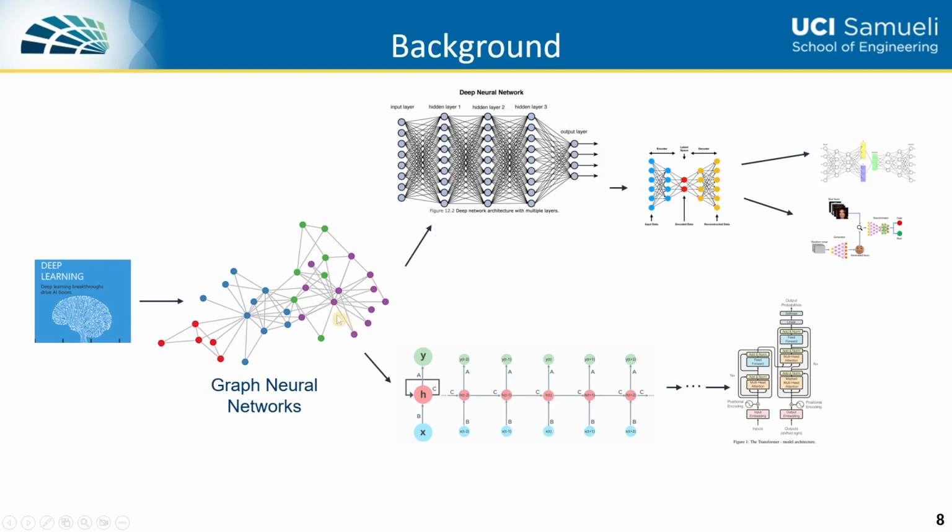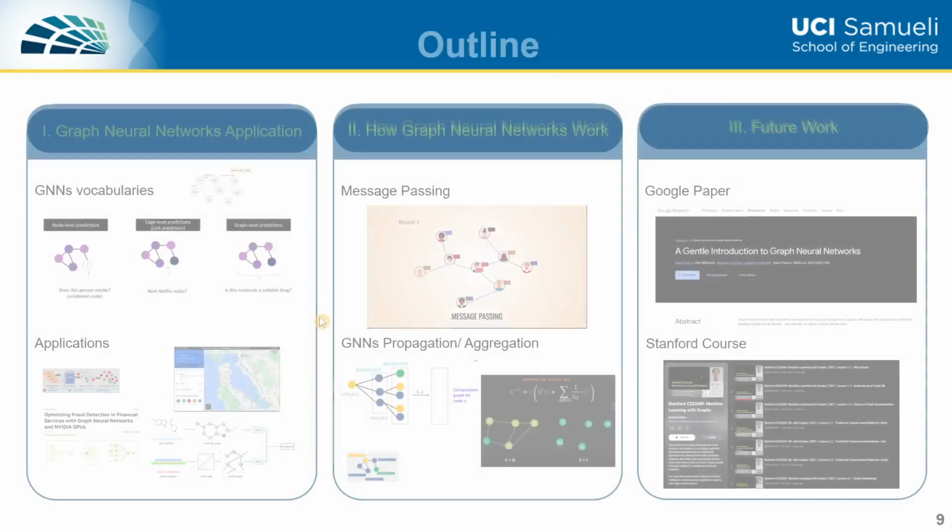Similarly, if you rearrange them into just a one-line graph, you get the recurrent neural network. So deep neural networks are just a special type of graph neural networks, to my understanding. Today we're looking at graph neural networks, and it's not just this special case. We're learning more of the general case. Yeah, so that's the background.